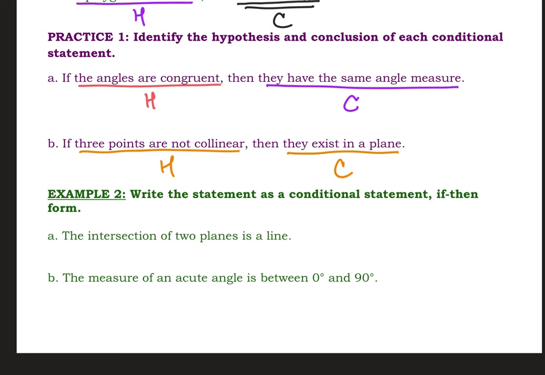Then you'll have some like example 2 where I want you now to write a sentence like that. So if I give you the statement that says the intersection of 2 planes is a line, how can I make this an if-then sentence? How can I break this up so it's an if-then sentence? What do y'all think?